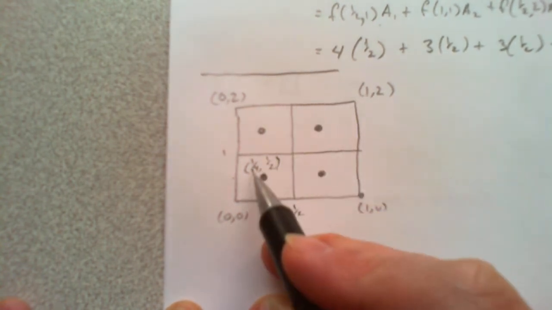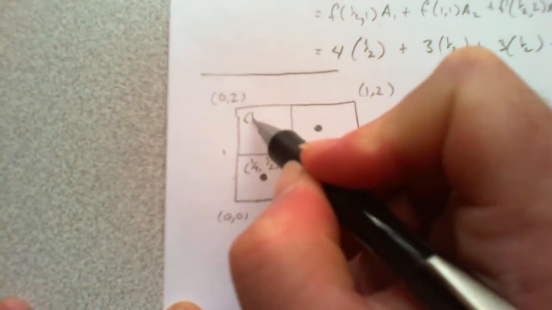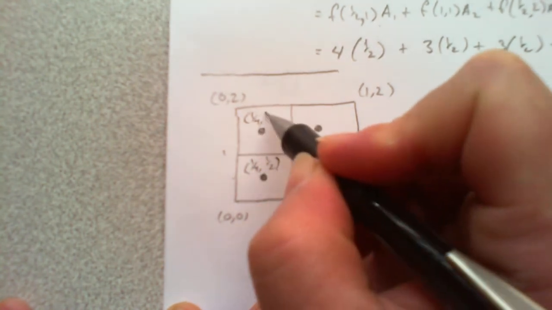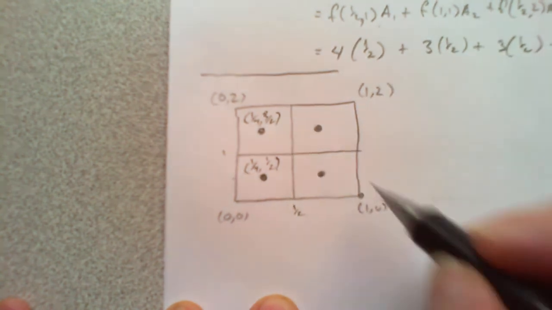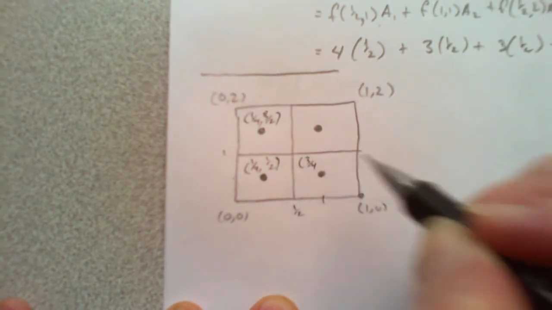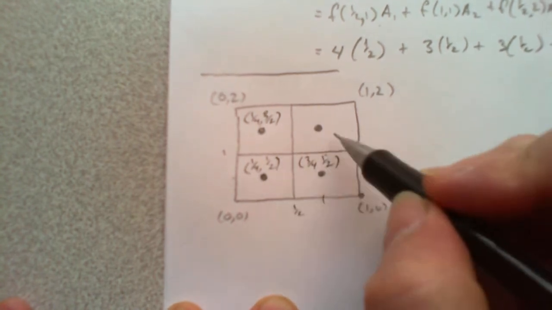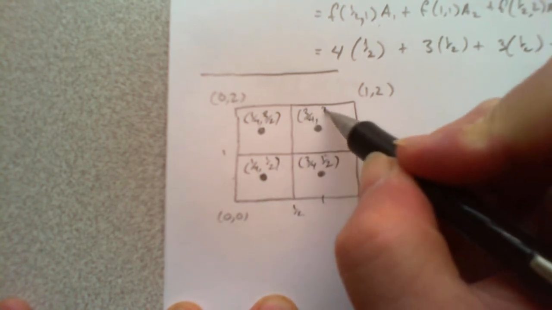So that point is (1/4, 1/2). This point here is 1/4 coming out that way, and then I'd have to go 1.5 up. And then here, this is coming out 3/4, rising up 1/2. Here it's running out 3/4, and then rising up 3/2.